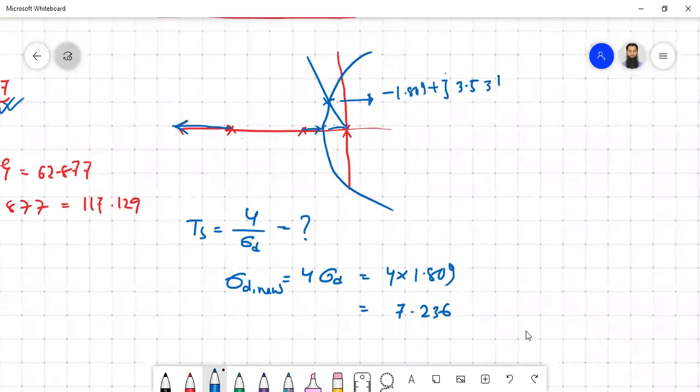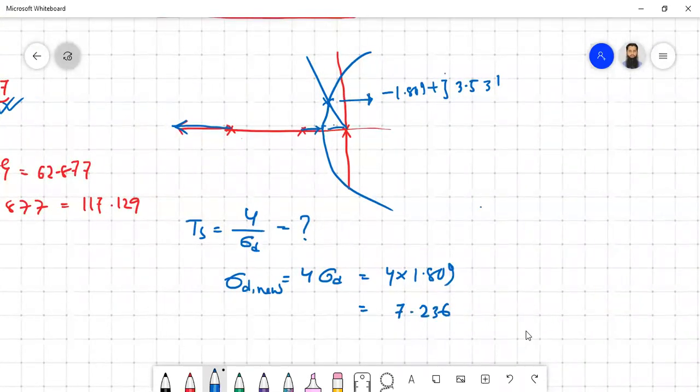Okay. So once we know the sigma d, we can easily find out what should be the value of omega d. So omega d has to be sigma d times tan of the angle, because it is the same zeta angle, so tan of 117.129. So this is what you have to plot here.